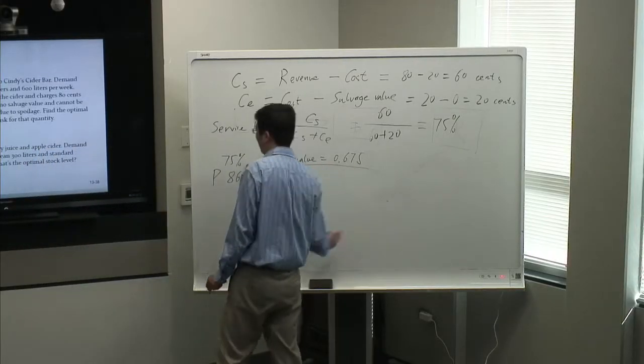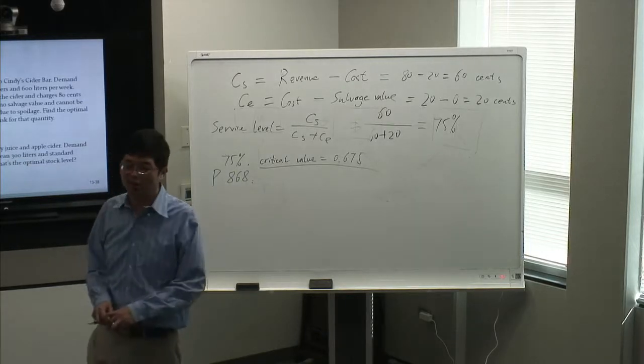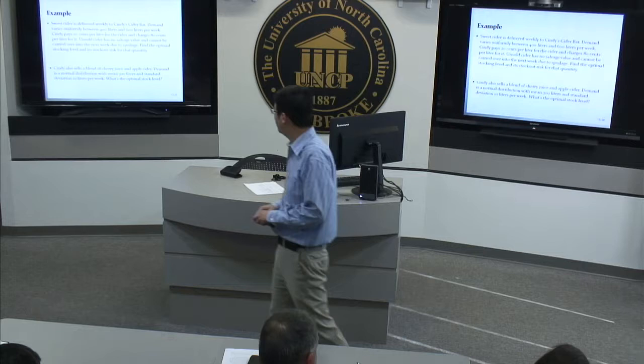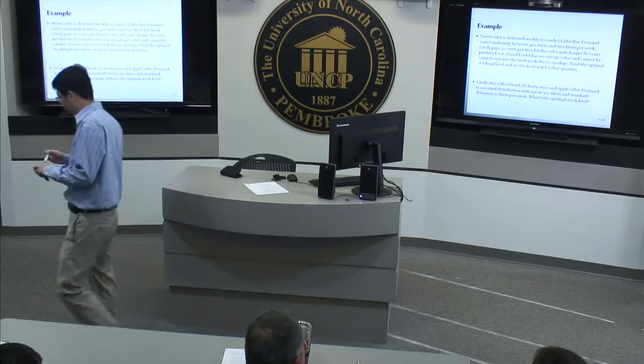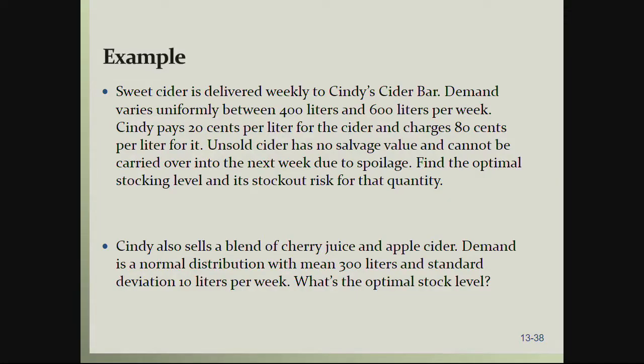Then what is the optimal stock level given this distribution? 300 is the mean, standard deviation is 10. Then what is the optimal stock level? 0.675. How do you use this critical value?